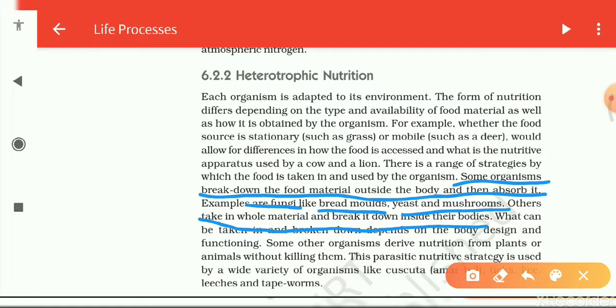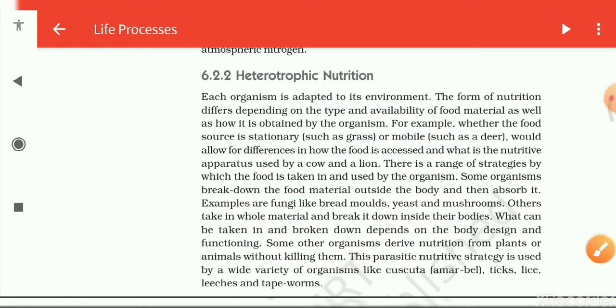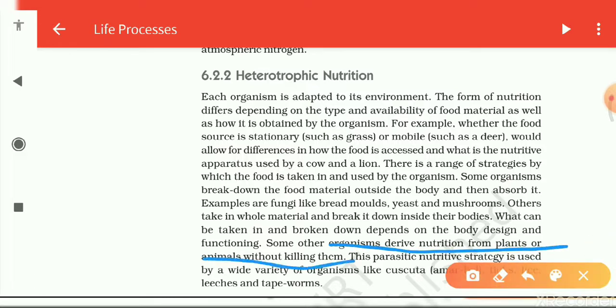That is called holozoic nutrition. Now another one: what can be taken in and broken down depends on the body design and function. Some other organisms derive nutrition from plants or animals without killing them. Actually, students, these are examples of parasitic nutrition.